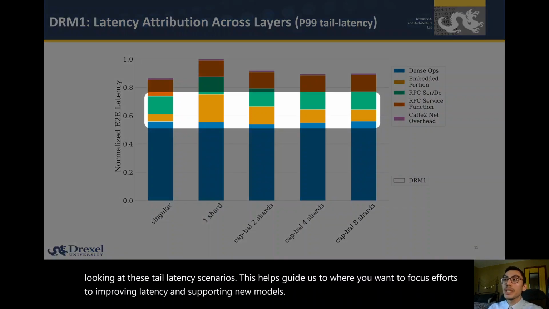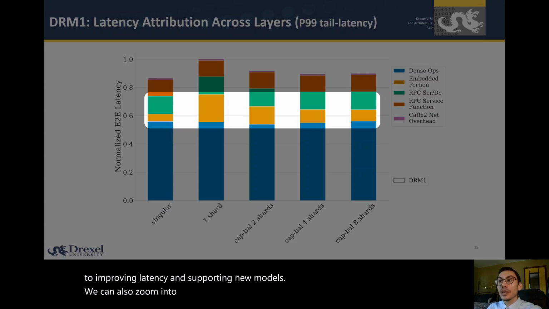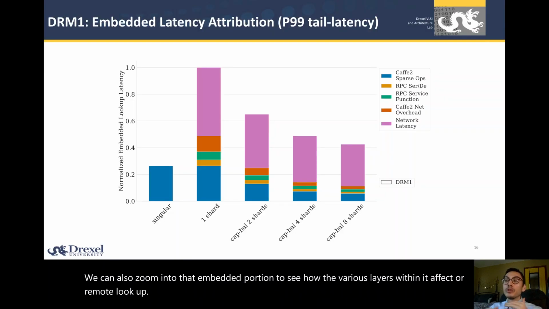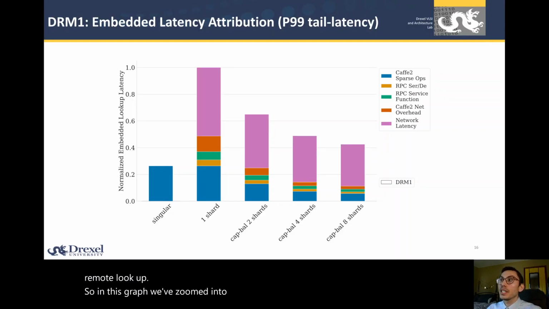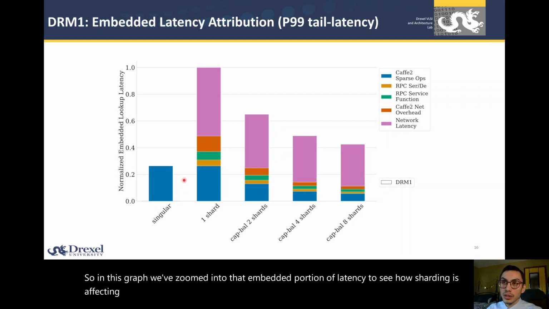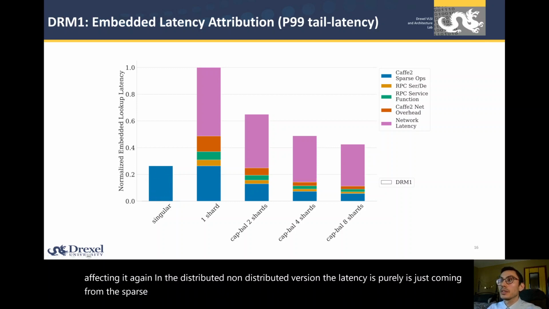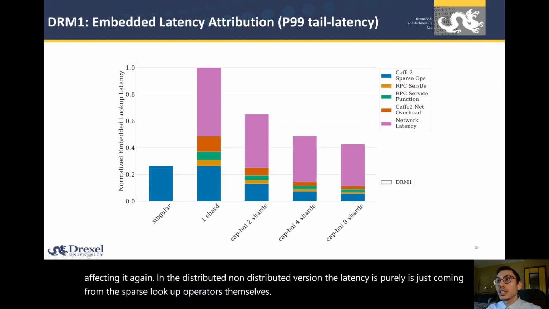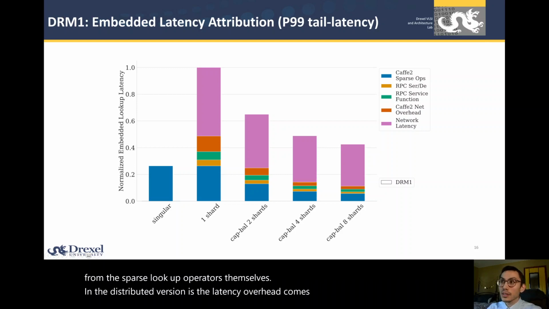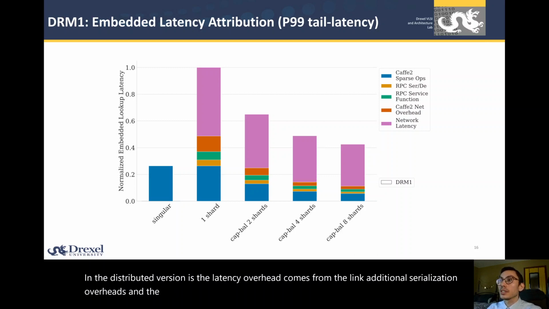We can also zoom into that embedded portion to see how the various layers within it affect a remote lookup. So in this graph, we've zoomed into that embedded portion of latency to see how sharding is affecting it. Again, in the non-distributed version, the latency purely is just coming from the sparse lookup operators themselves. In the distributed versions, the latency overhead comes from the network link, additional serialization overheads, and the remote service itself.